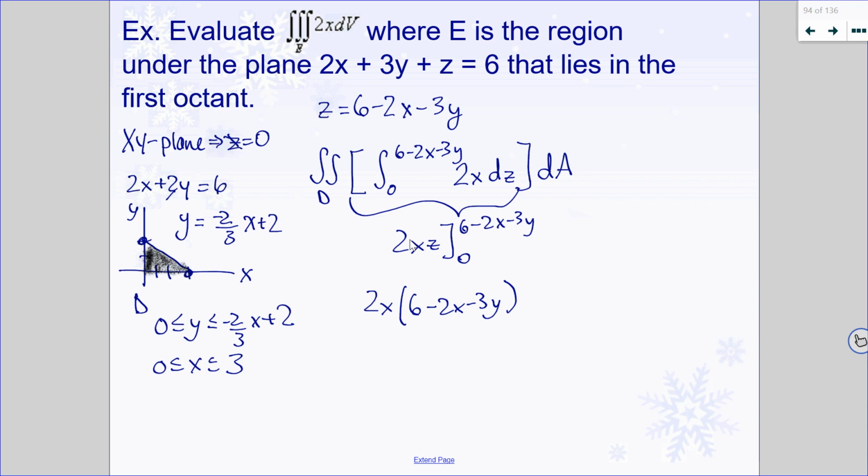And that's the double integral of that dA. Then I'll plug in my boundaries, which I found over here by calculating the shadow in the xy plane. And I'll just do that distribution.